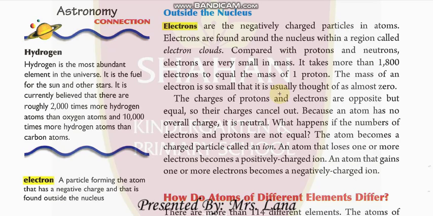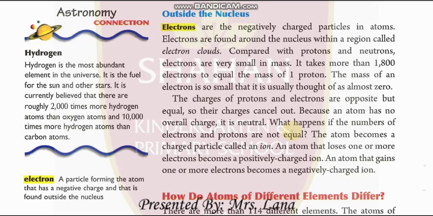The charges of a proton and an electron are opposite but equal, so their charges cancel out, because an atom has no overall charge. It is neutral. What happens if the number of electrons and protons are not equal?